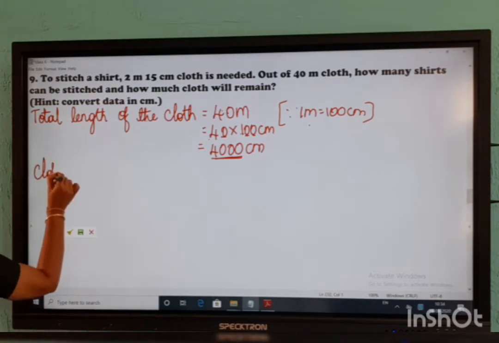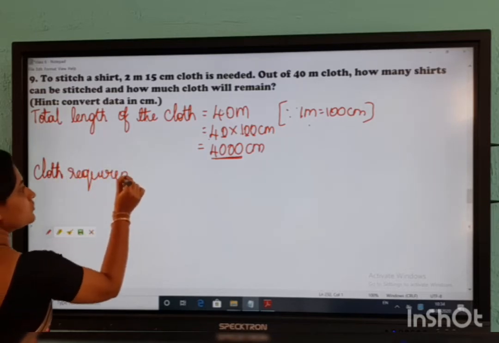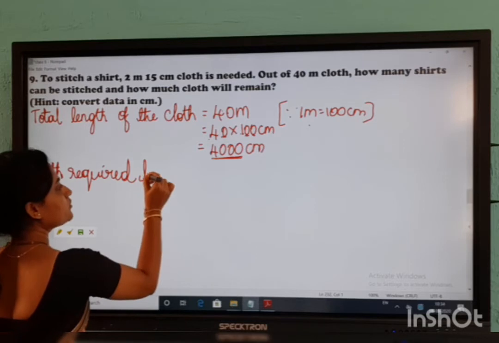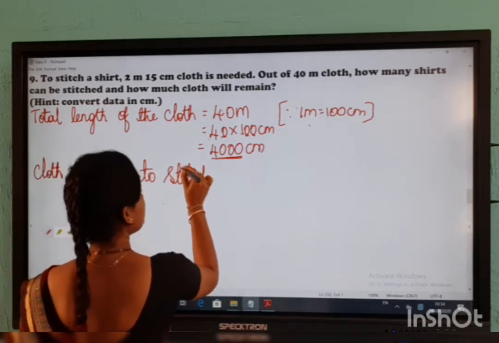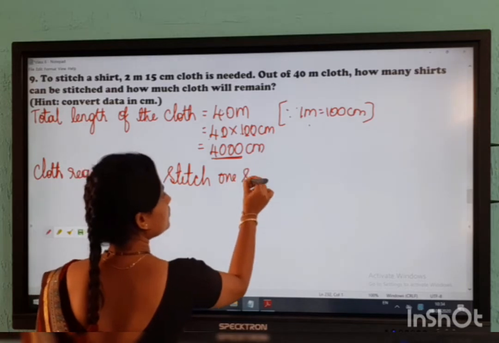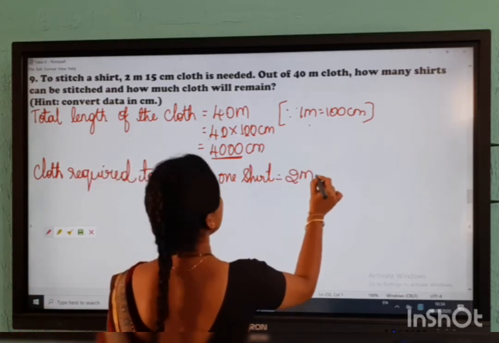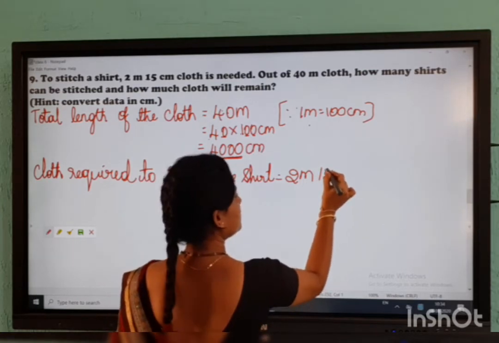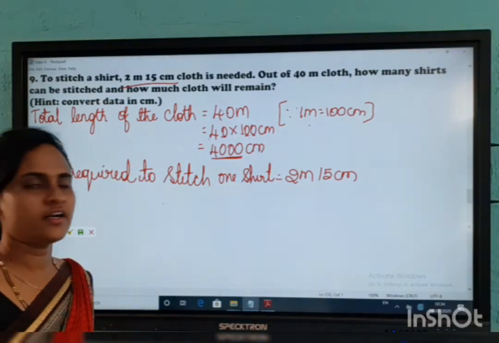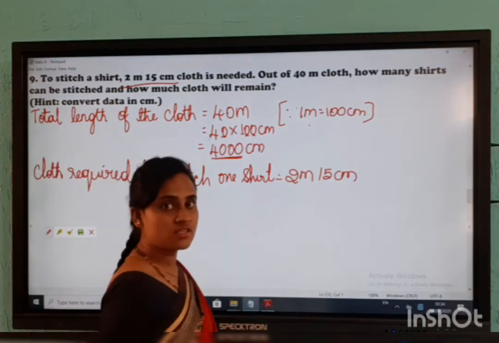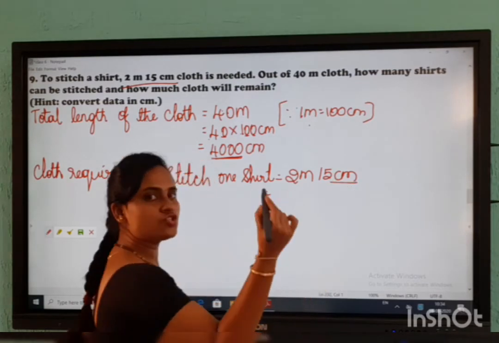Next is the cloth required to stitch one shirt. What is the cloth required to stitch one shirt, children? 2 meter 15 centimeter. Right? Now you should convert this into centimeter. See, this is already in centimeter, so no need to convert.